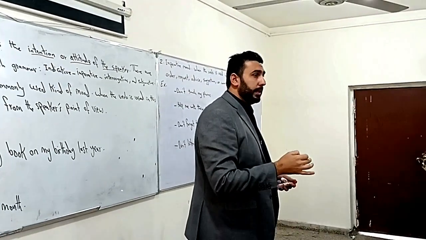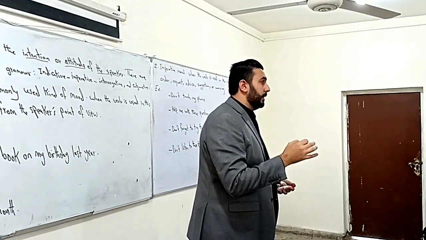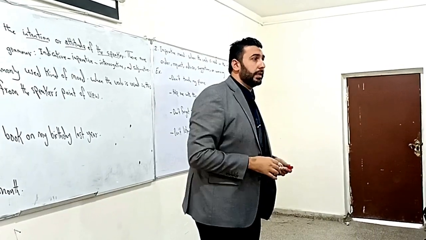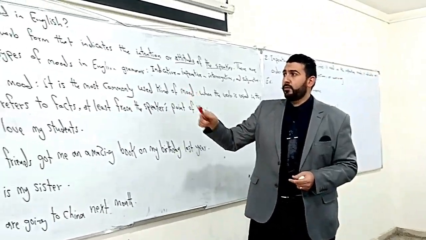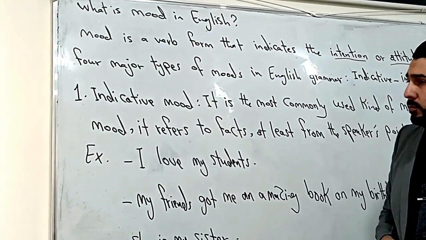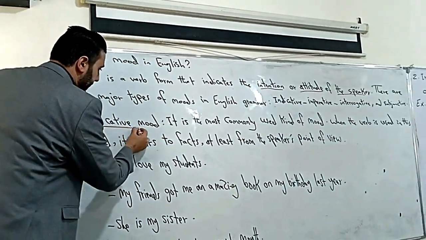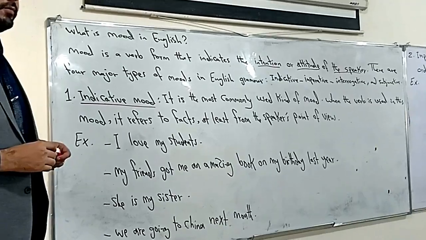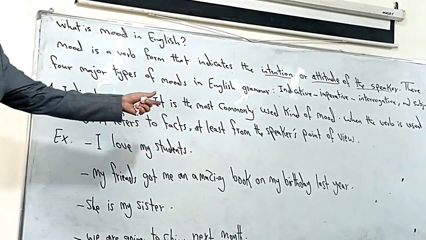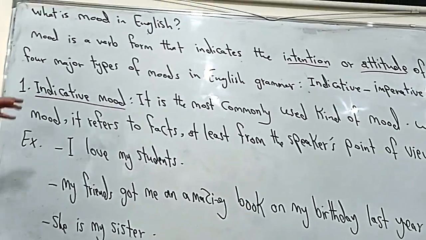So let's explain one by one in more detail just to make it clear for you guys. We have the first kind, the indicative mood. Please pay attention. What is meant by the indicative mood?